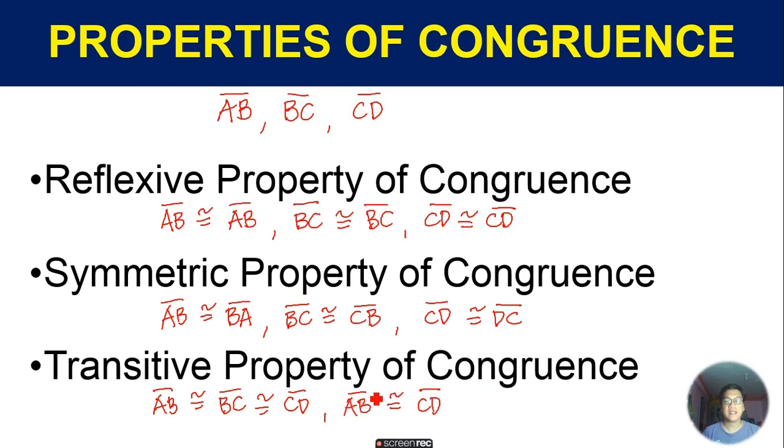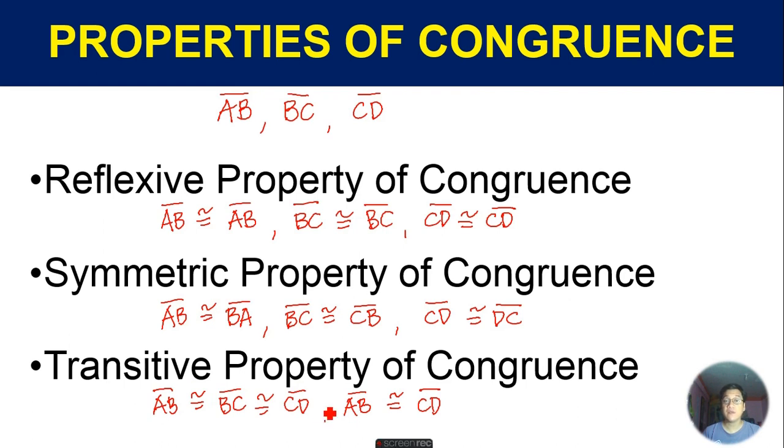We say that line segment AB is congruent to line segment CD because AB is congruent to BC and BC is congruent to CD. Therefore, they will just be congruent to each other. So AB is just congruent to CD by transitive property.